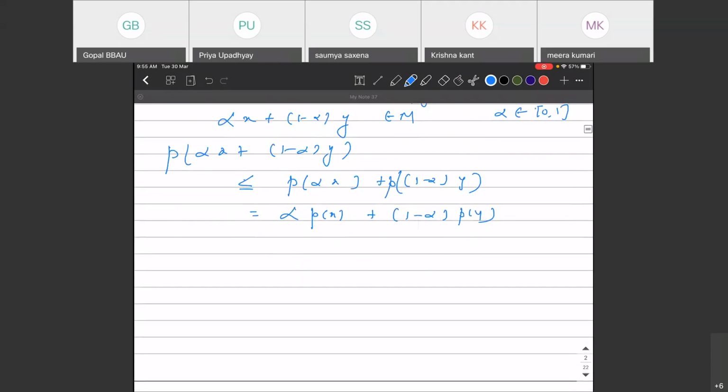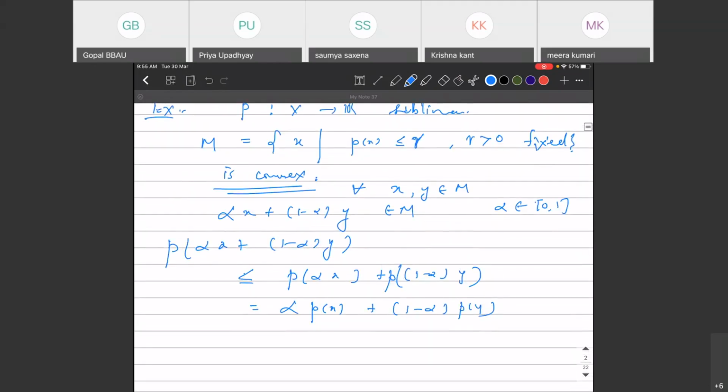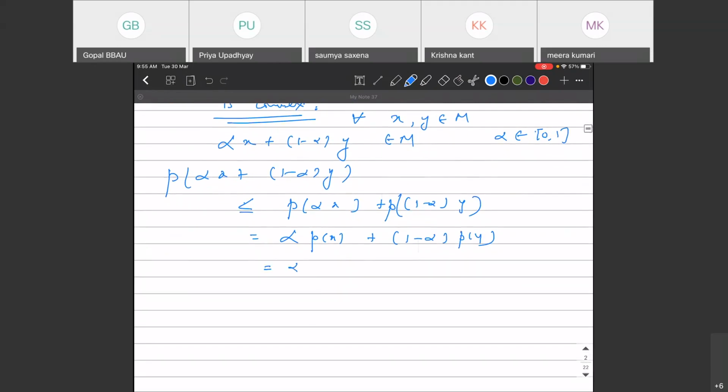You know P of x is less than or equal to gamma by definition of M. So P of alpha x plus 1 minus alpha y is less than or equal to gamma. Okay.